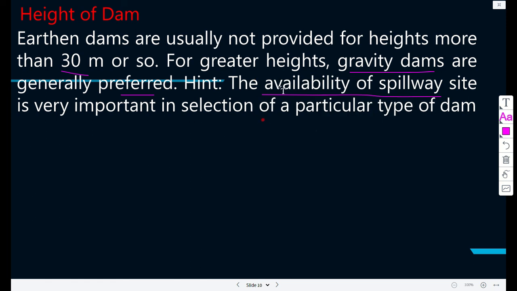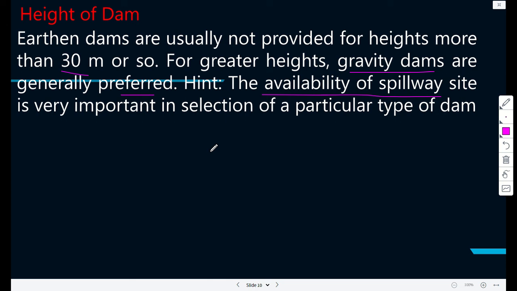Something that's very important also is the availability of spillways as a separate factor that influences the location of the dam. It's important because when the dam is full, it needs, as a matter of necessity, a place through which excess water will flow away, and to ensure the long-term safety of the dam, excess water has to be able to flow through the spillway.